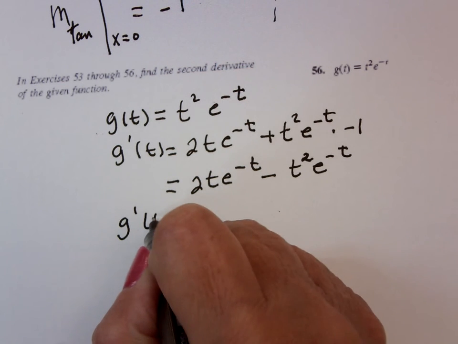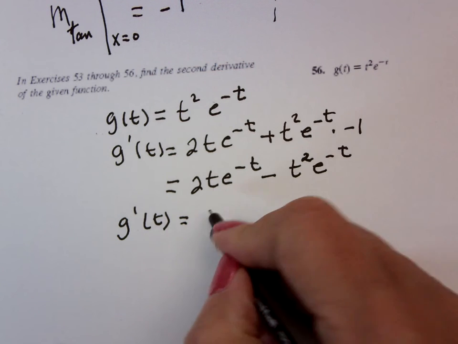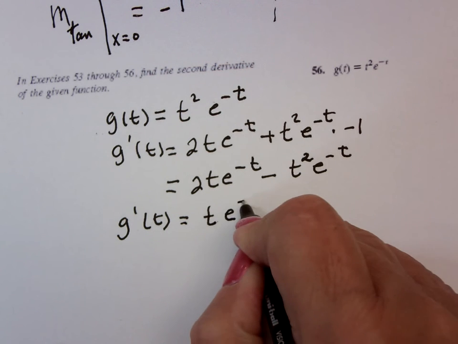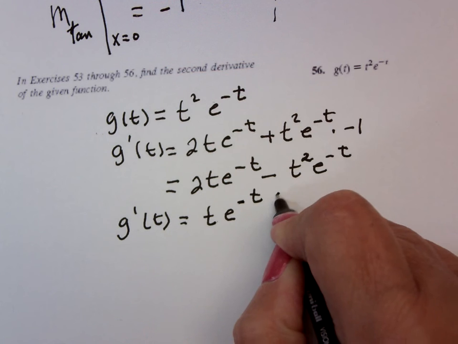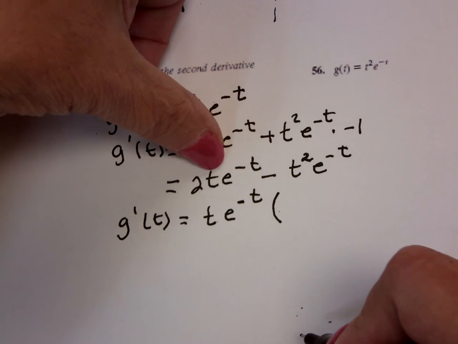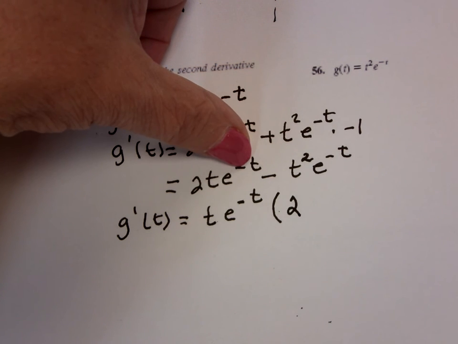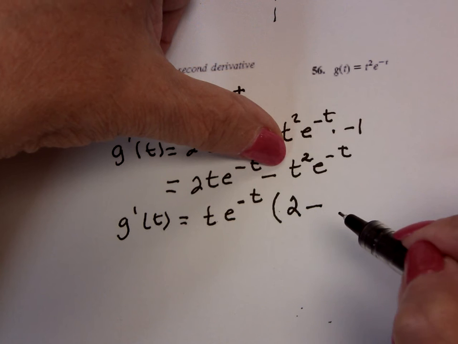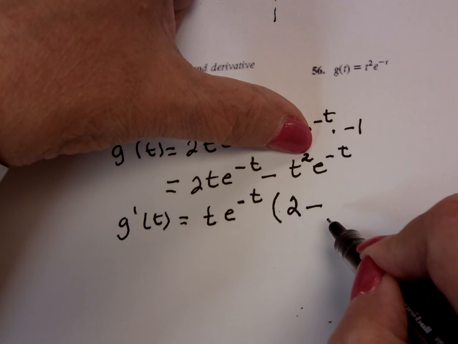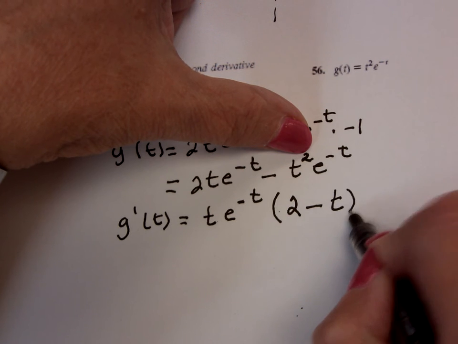g prime of t is going to be the greatest common factor of t e to the minus t. I'm going to take a t, I'm going to take an e to the minus t, that leaves me with a 2, minus, I'm going to take a t and an e to the minus t, that leaves me just with that.